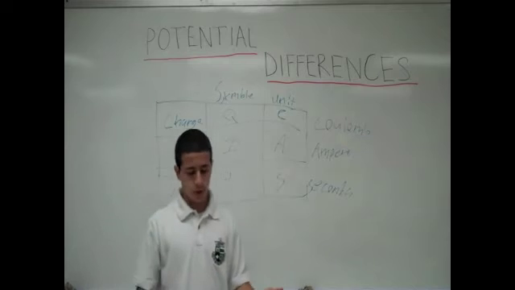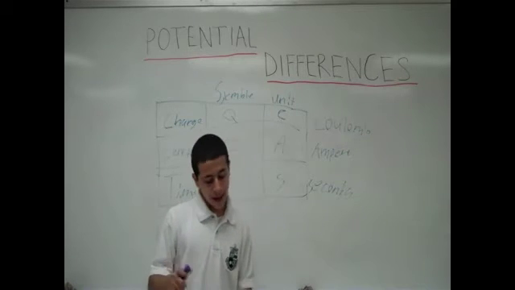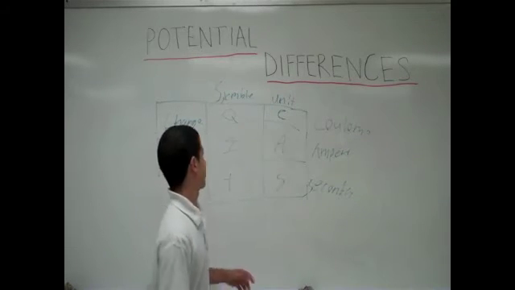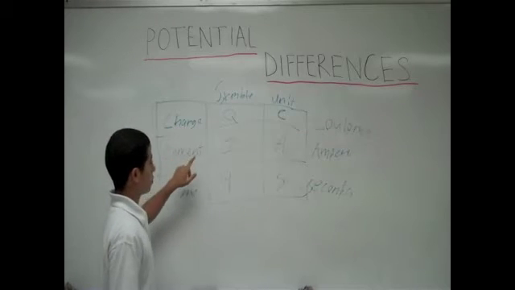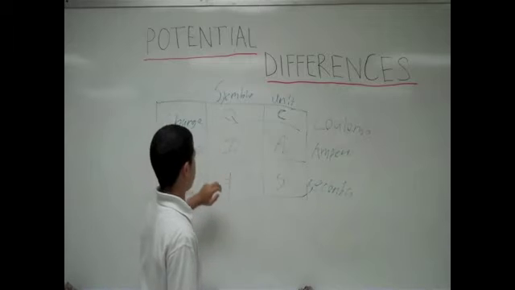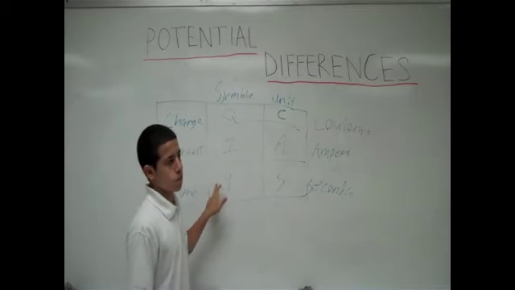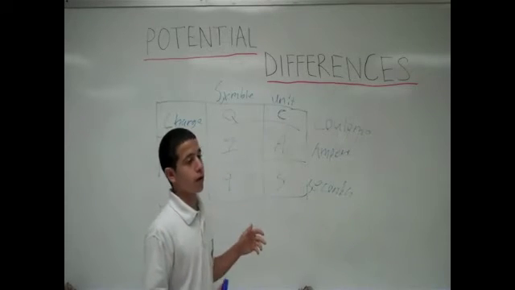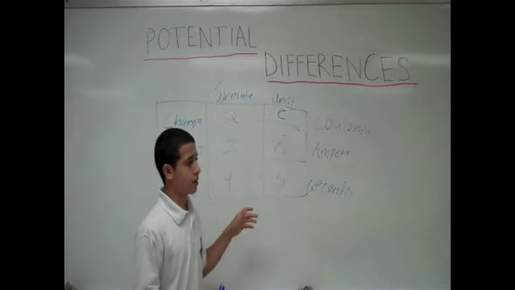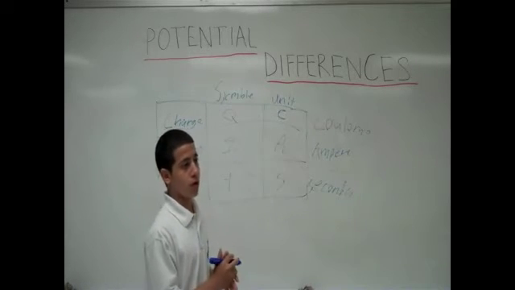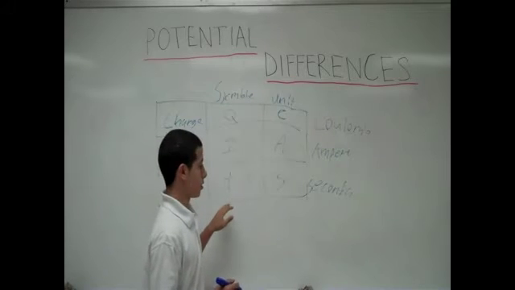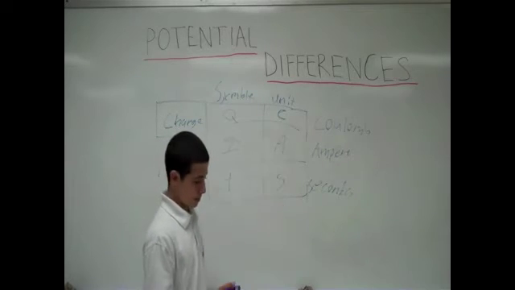Now we'll talk about the mathematical equation. The mathematical equation is current equals charge over time. Because the current, as I said, equals the electrons passing a certain point within a certain amount of time, which is seconds.